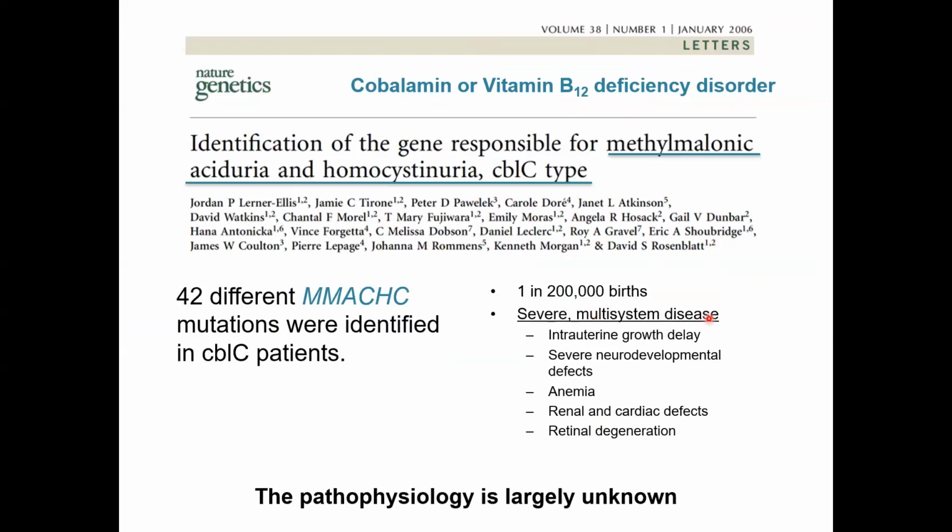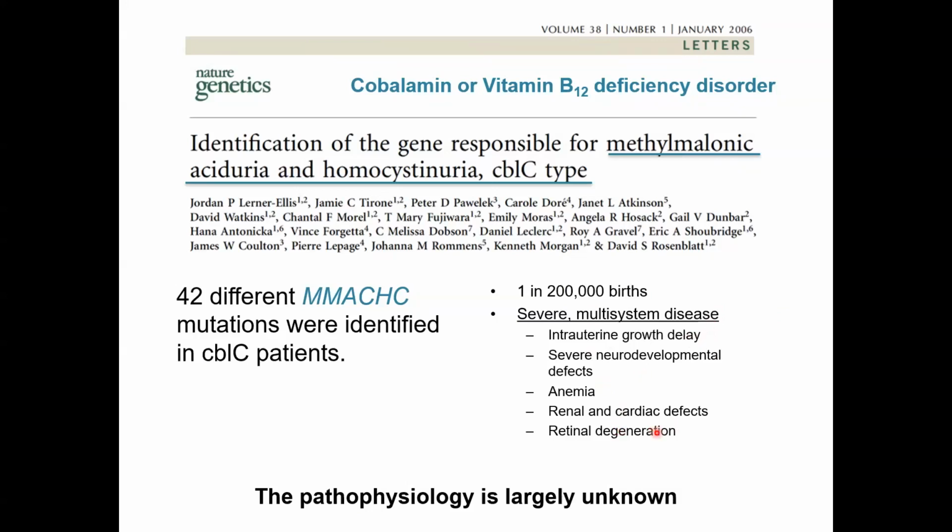It's a severe multi-system disease, meaning that it affects several different organs in the body, and is characterized by intrauterine growth delay, meaning the baby is smaller and doesn't grow as well, severe brain malformations, anemia, renal and cardiac defects, as well as renal degeneration.